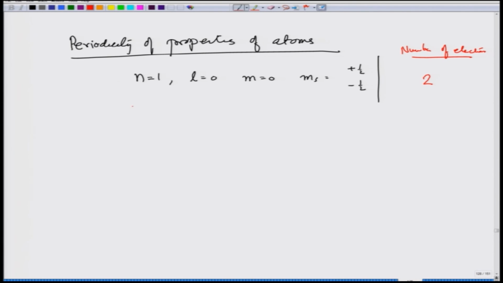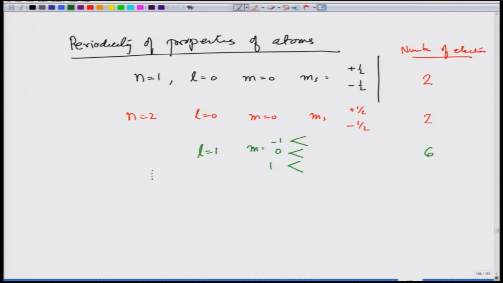Let us see now n equals 2, L will be 0, m could be 0. So, ms would be plus a half, minus a half, number of electrons would be 2. I would also have in this L equals 1. So, m equals minus 1, 0, 1 for each 2 levels of ms. So, number of electrons 6 and so on.